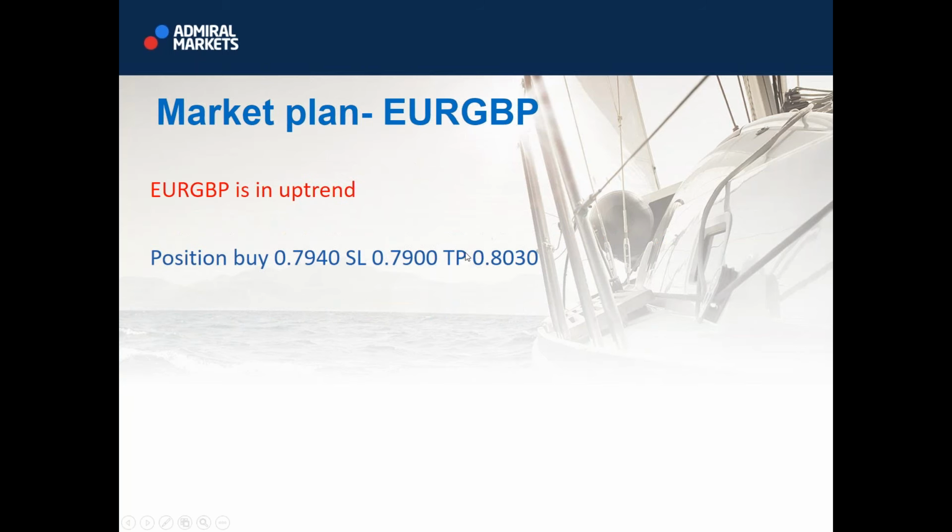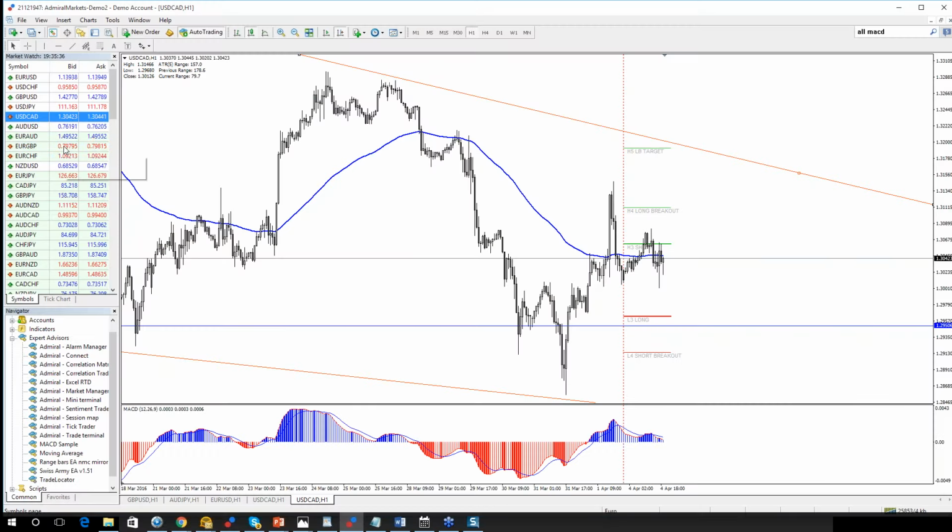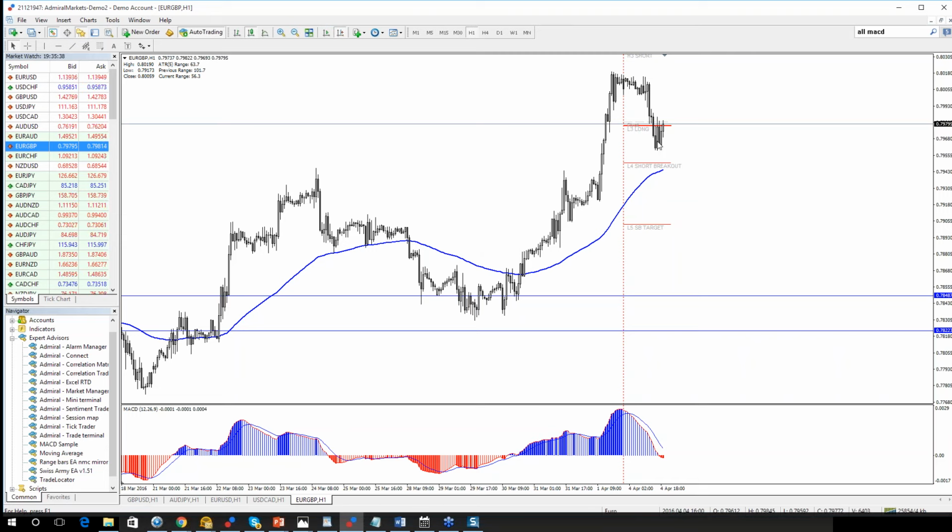So this is the plan for dollar CAD, and finally Euro GBP. I will look to buy it. 79.40 stop loss, 79.00, 80.30 is the target. So price should get here, very clear level to me, should be an easy trade, hope. Double top, EMA 89, L4 confluence.